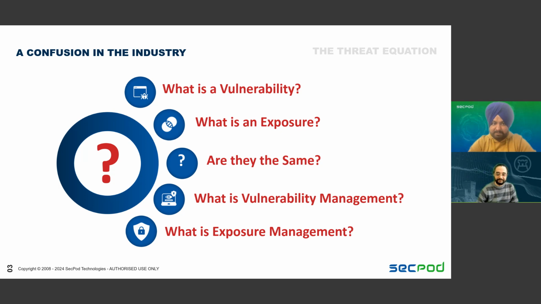With that, confusion in the industry, Matthew. There's a lot of confusion in the industry. There's a lot of technical jargon, and everybody is coming up with words they like, and words they want everybody to use. When I go to conferences, when I talk to my colleagues and peers, there's a lot going on. The questions are, what's a vulnerability? Everybody has their own definition. What's an exposure? Everybody has their own opinion about it.